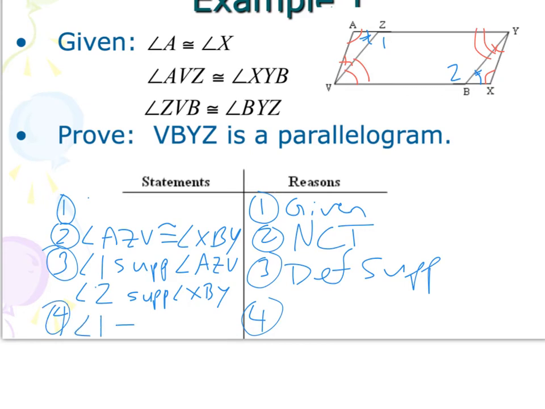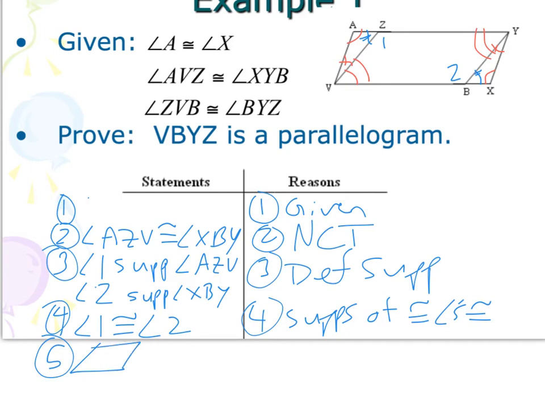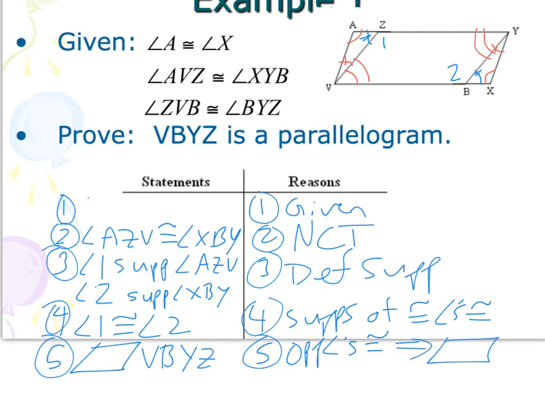So angle 1 is congruent to angle 2, supplements of congruent angles are congruent. And then lastly, parallelogram VBYZ. My reason? Opposite angles congruent, then parallelogram. Woo-woo! Heck yeah. That wasn't too bad. That was quite enjoyable, if you ask me.